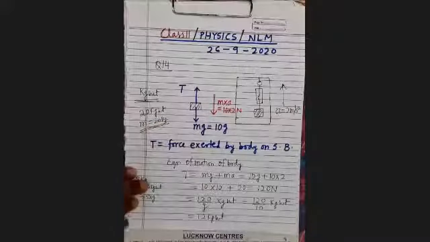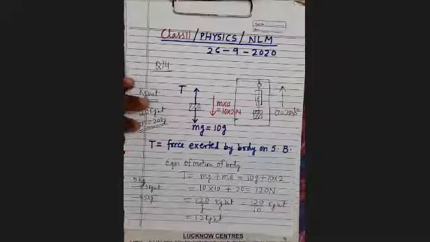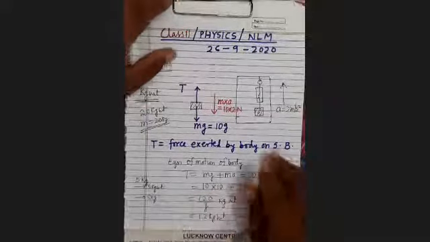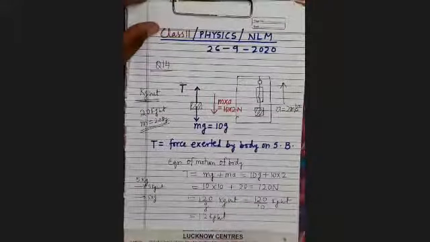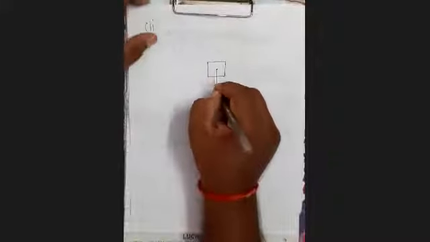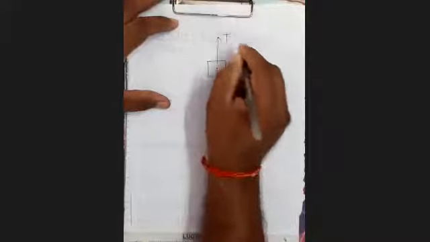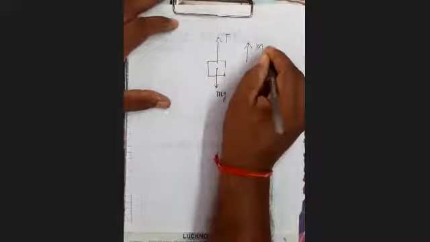It's clear? So now see the second part of this, descending with the same acceleration. When descending with the same acceleration, the pseudo force will act upward. Here mg is acting downward, T is acting upward, and now the pseudo force will also act upward.